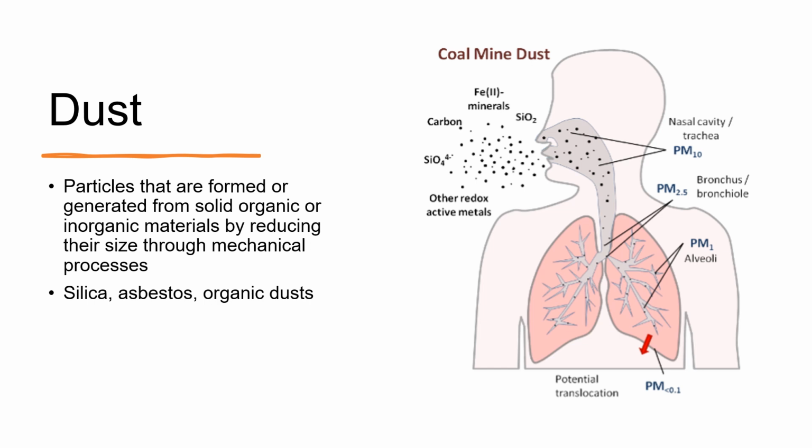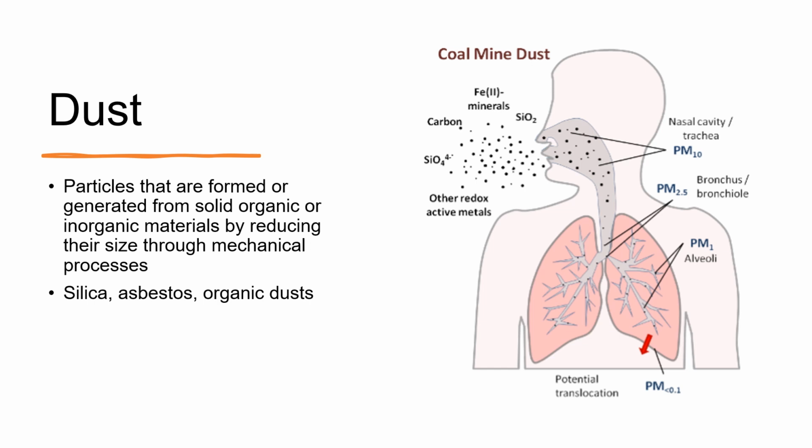When we think of dust in an occupational sense, we're thinking of things like asbestos or byproducts of the manufacturing process. But really, organic dusts can be just as hazardous because they can often contain a lot of other substances within the dust particles.